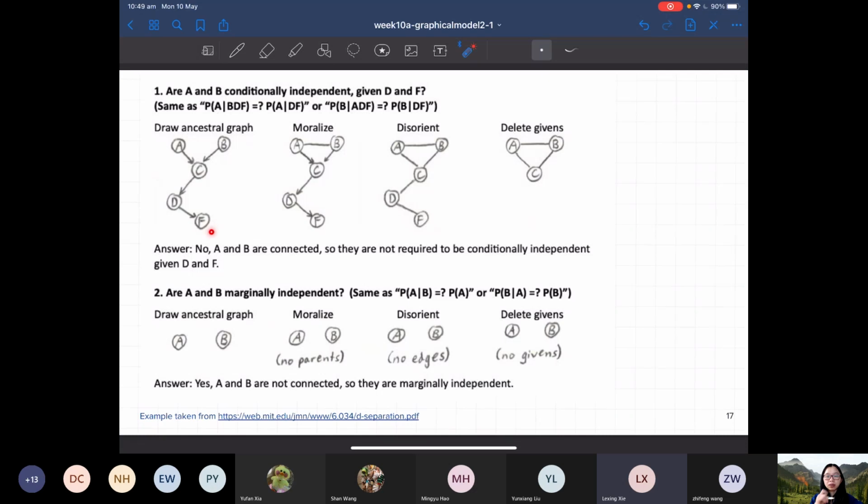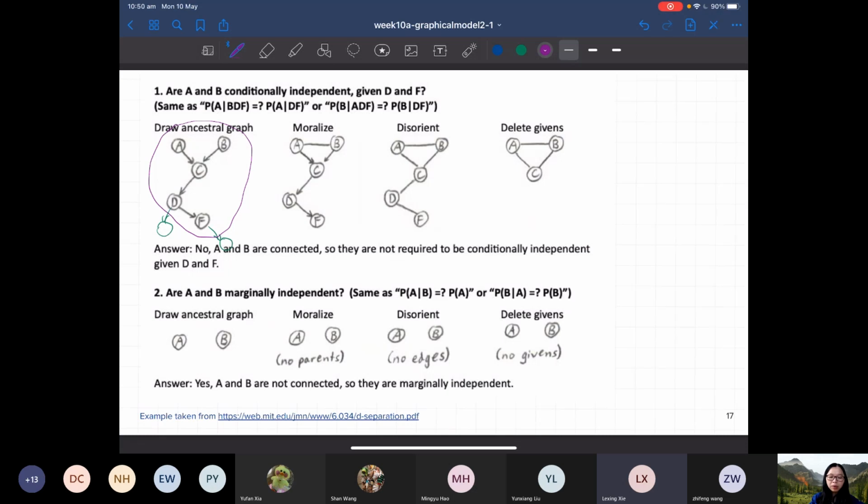Meaning if there are other nodes, let's say dangling off D and F, we wouldn't care, right? We drop them. And if there are, say, nodes pointing to A and B, we would actually include them, right? So in here, okay, this is the ancestral graph that we end up with and we reason with.